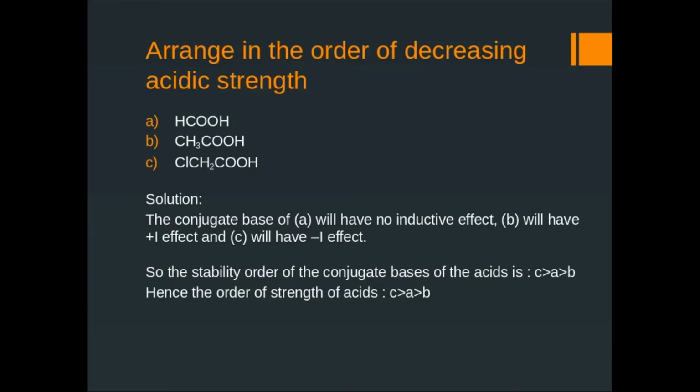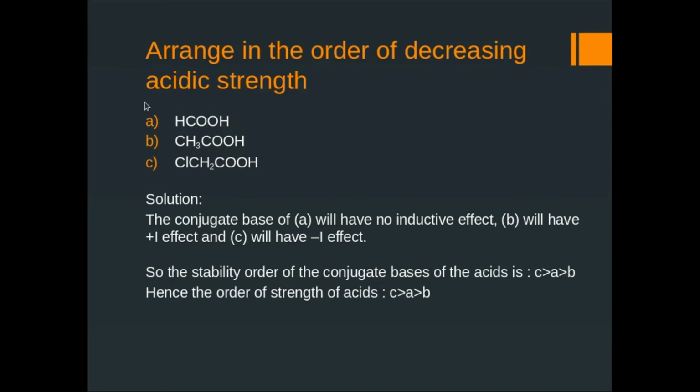That is, the chances of breaking of the OH bond decrease, and so fewer H plus ions are furnished in the solution. So this will have the least acidic character, and the least acidic strength, as you can see.